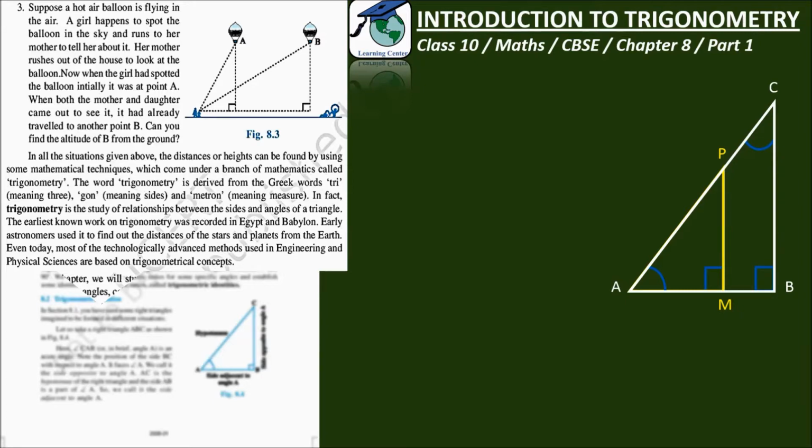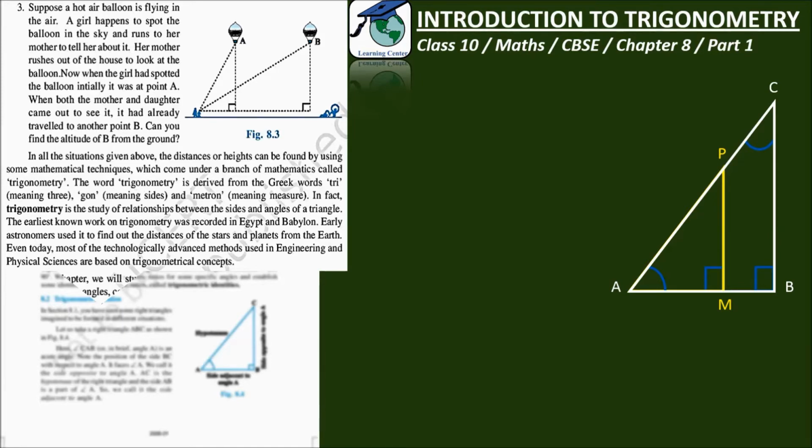Because someone can say that I don't like trigonometry, I don't want to use trigonometry to measure the height of the Qutub Minar. Instead, I will go on the top of the Qutub Minar and I will measure the height. But what if I want to measure the distance or the height of the moon or the other stars or planets from the Earth?